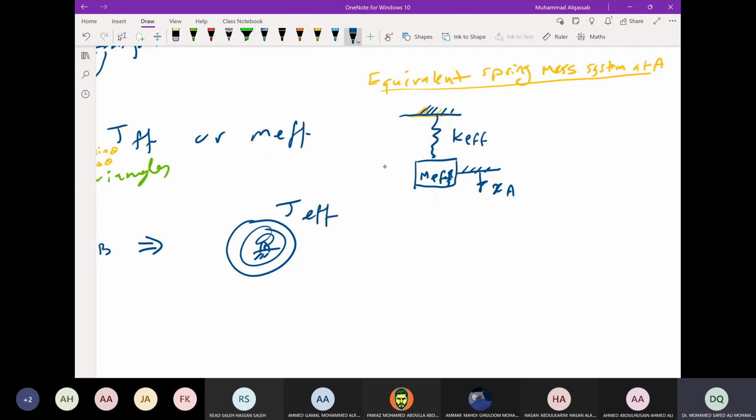Or you can get an equivalent torsional, rotational system, like a disc and a shaft.